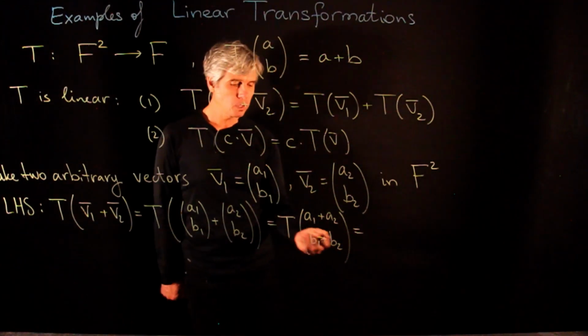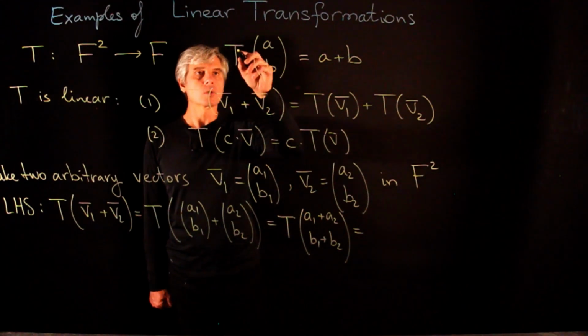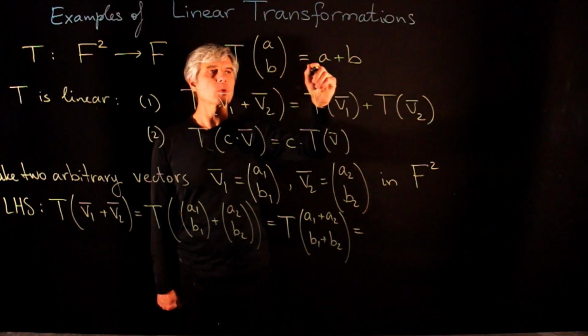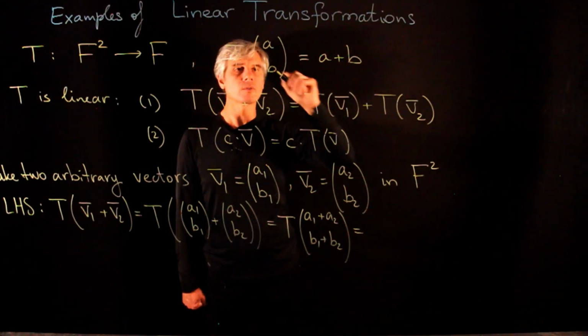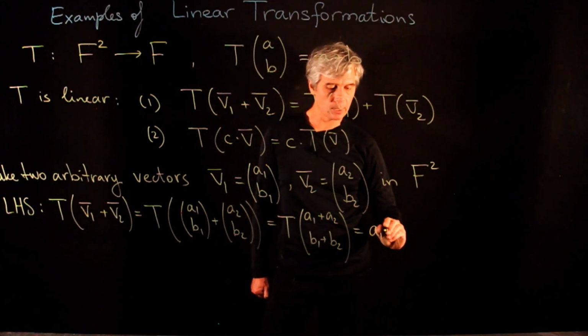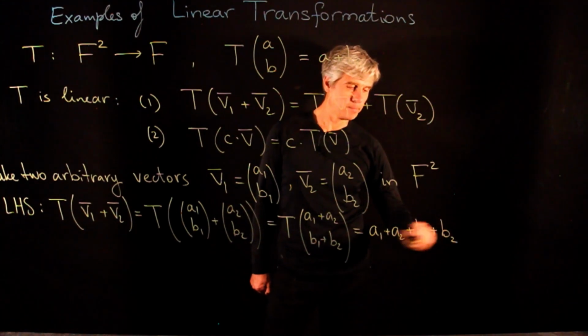Now we use the rule that defines our transformation. Our transformation takes a two-component vector to a scalar, which is the sum of the two components. So the result will be A1 plus A2 plus B1 plus B2.